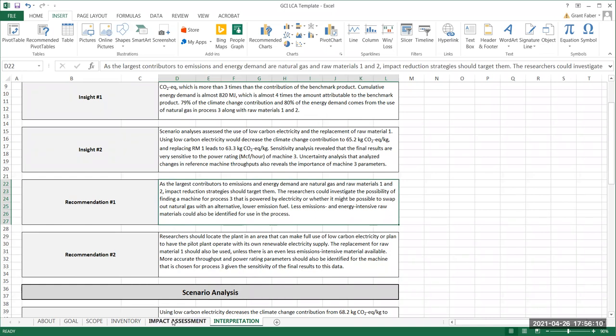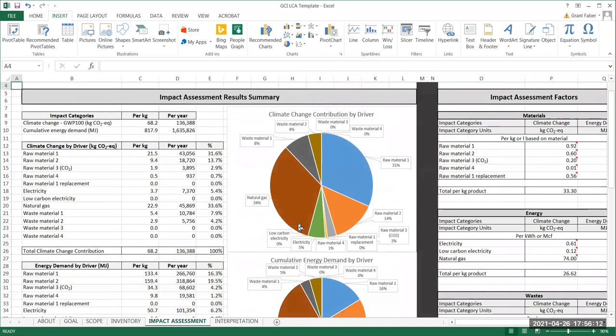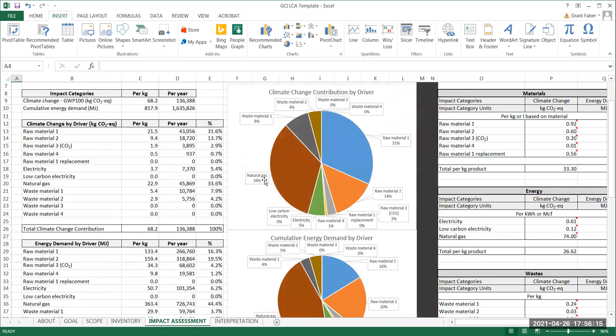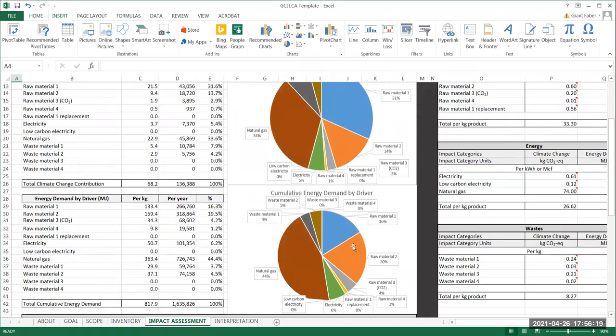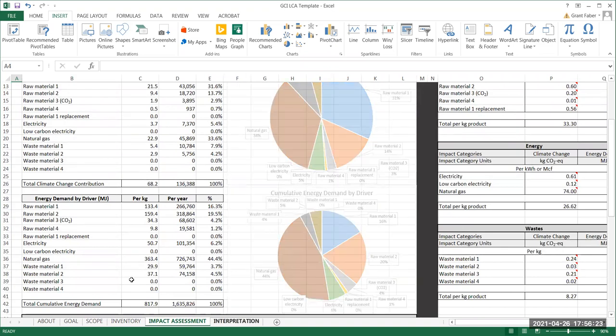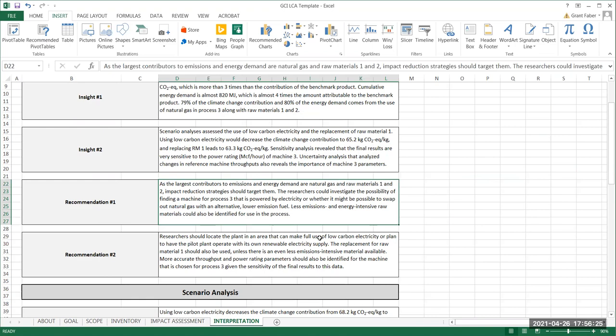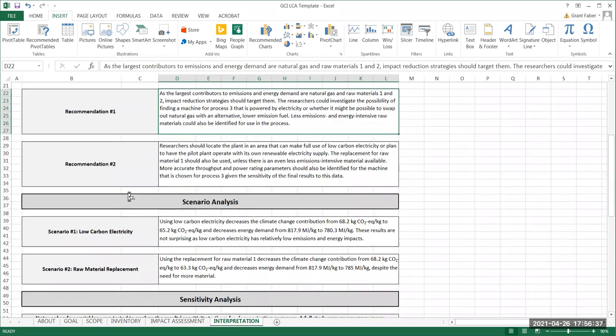Filling out these boxes would involve looking at what the highest impacts or main drivers of the environmental impacts are, such as natural gas, raw material 1, and raw material 2 for cumulative energy demand, and making a recommendation to those responsible for developing the technology: if I want to effectively reduce the impact, what aspects of the process should I target? That's what these recommendation boxes cover.